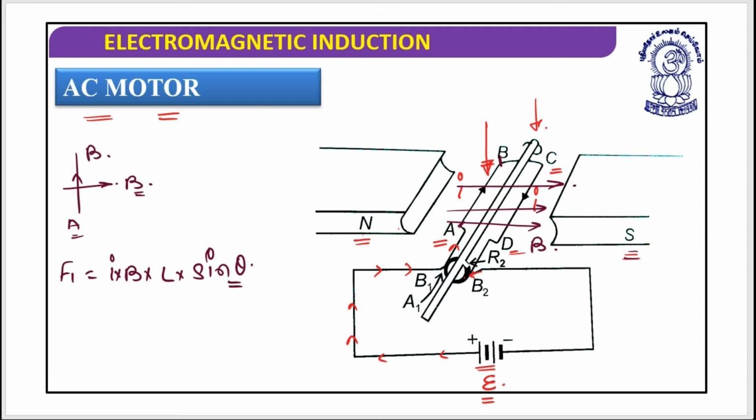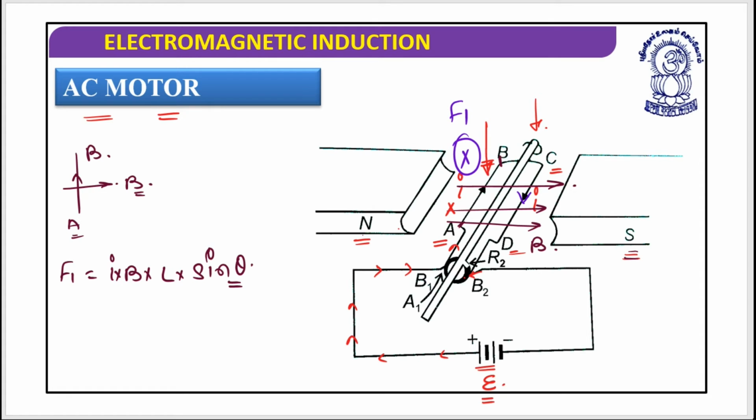If I use Fleming's left hand rule, I can understand the force on the A to B section: the magnetic field is on this side, and current is moving from A to B. So on A to B, the magnetic field is acting into the plane. This is the direction of force 1.